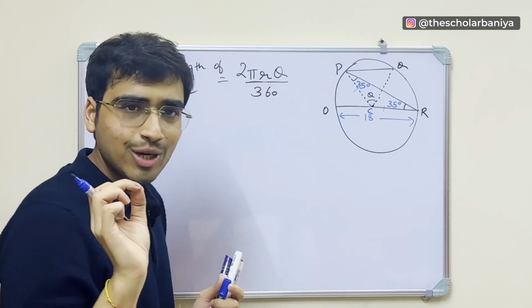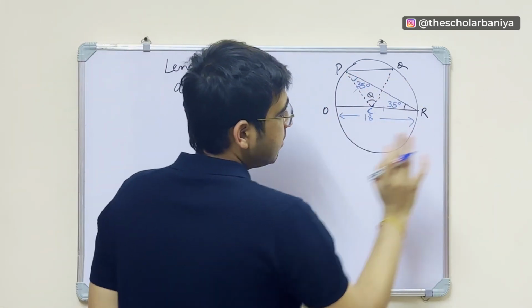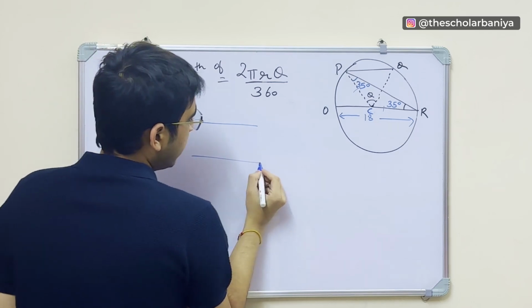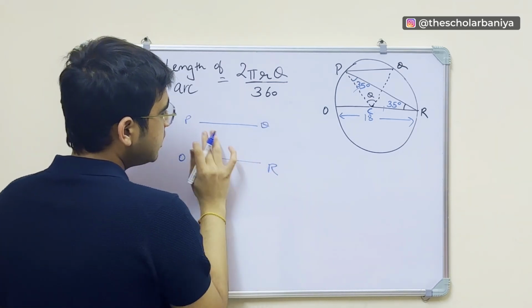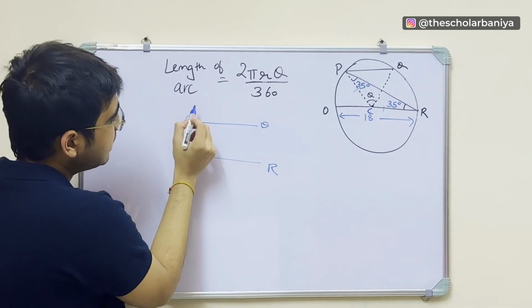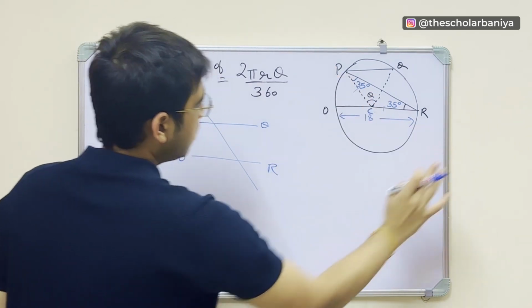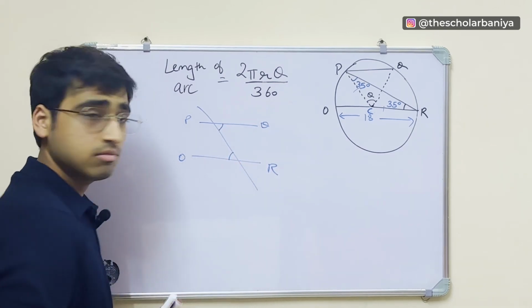Okay. Now tell me one more thing, because it is given that PQ is parallel to OR, right? This is PQ, this is OR, and these two lines are parallel, right? And there is this line which is intersecting these two lines. So obviously we know that this angle will be equal to this angle, right?